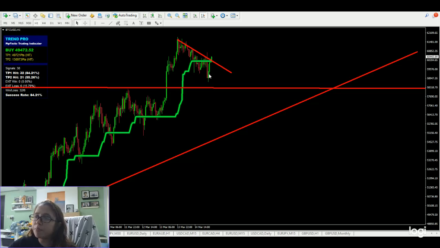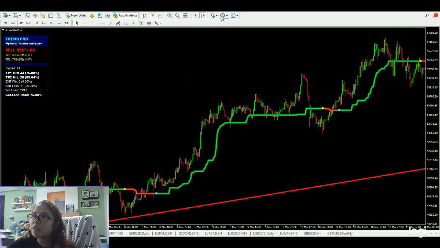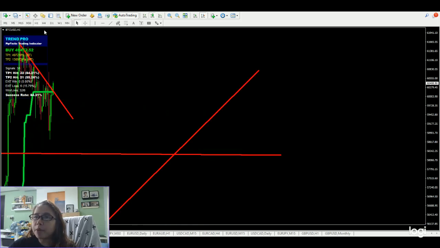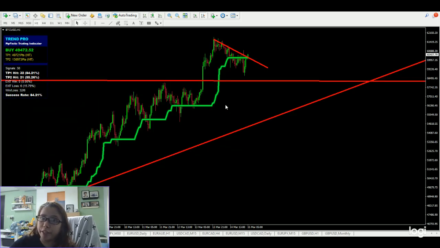And also, you could see that our Trend Pro indicator is also giving us a signal that the uptrend is still continuing. Okay, so for 15 minutes, this is my trigger time frame. So most likely I would still be looking for buying opportunities for Bitcoin.